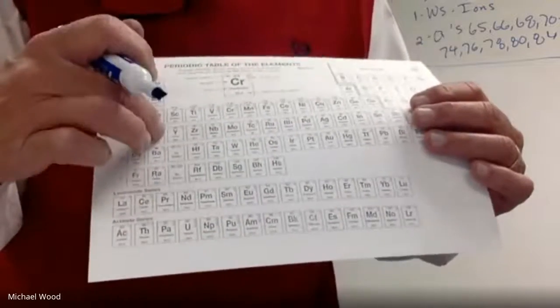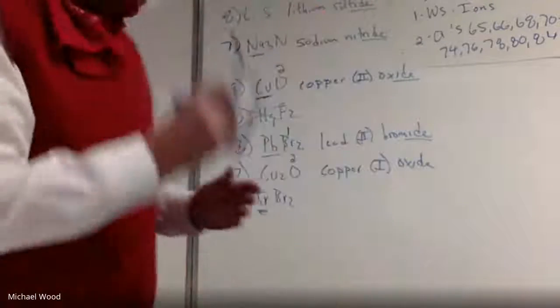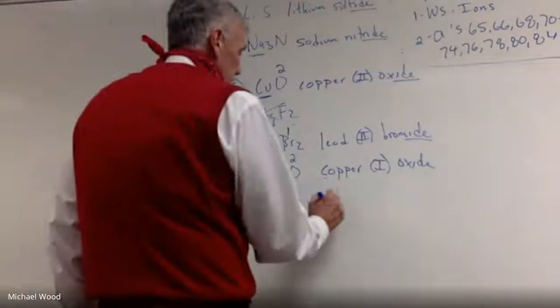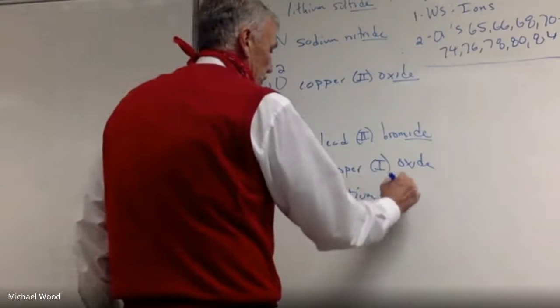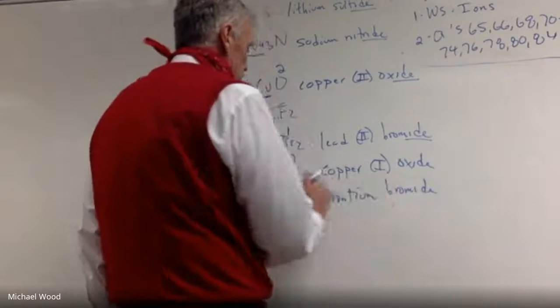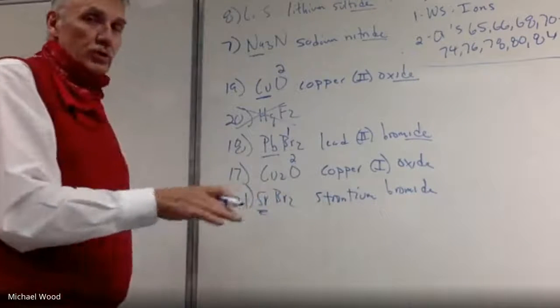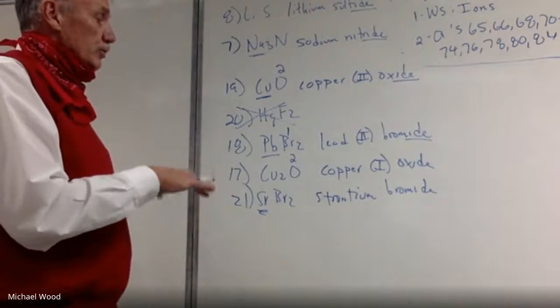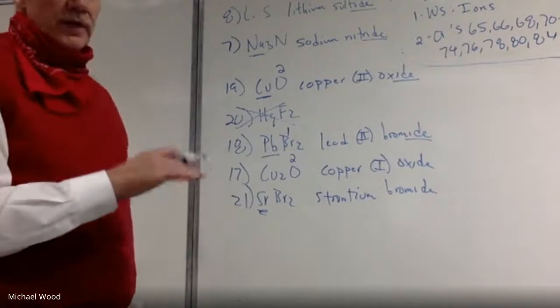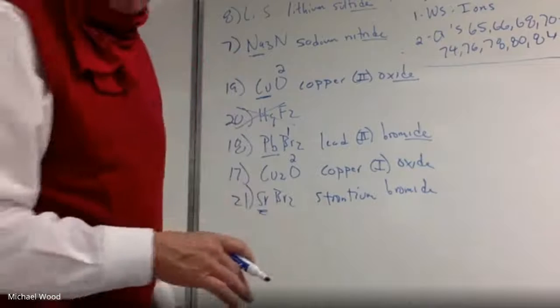First column, second column, that's where strontium is. So that means it's just the name. So it's strontium and then bromide. If you had said here strontium Roman numeral 2 bromide, that would have been wrong. If you had said strontium dibromide, it would have been wrong. When it's a type 1, all you do is just the name.